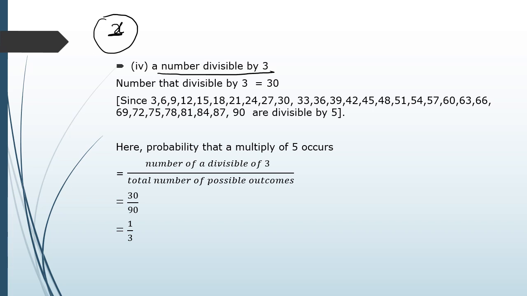And we know that when we are writing the table, the difference between each of the numbers is 3. So go on adding 3, till 90. These numbers are divisible by 3. So there are a total of 30 numbers. So the probability would be 30 divided by 90, which after reducing is 1 by 3.